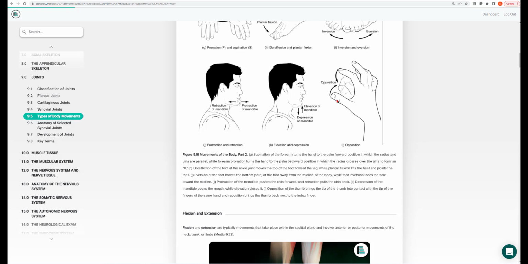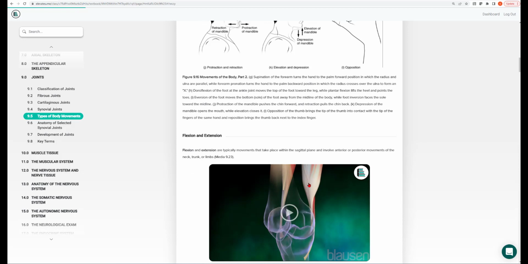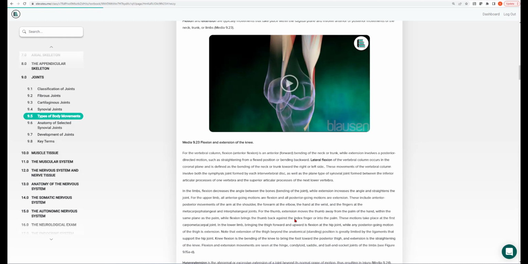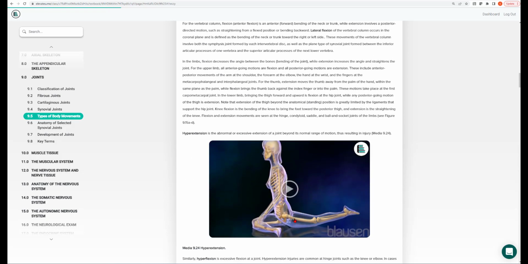And then when you return it back to normal, that is reposition. So all of these movements have great little videos that help you understand them. Again, I would really want you to think about what these different movements are and practice them on your own body so that you can better understand what these motions mean.